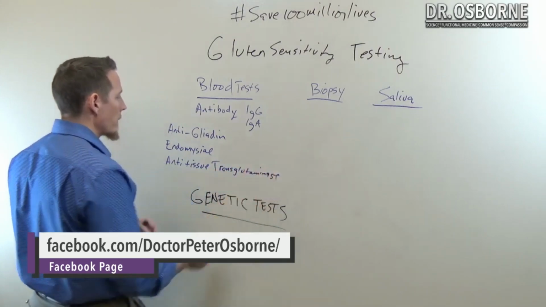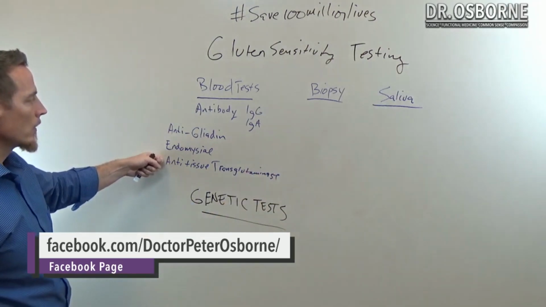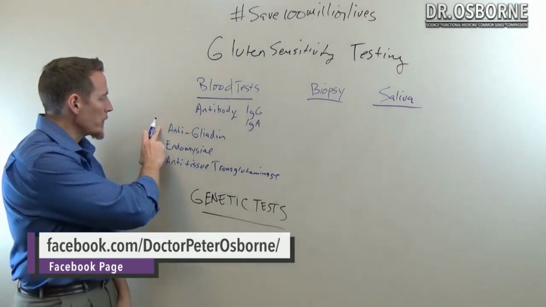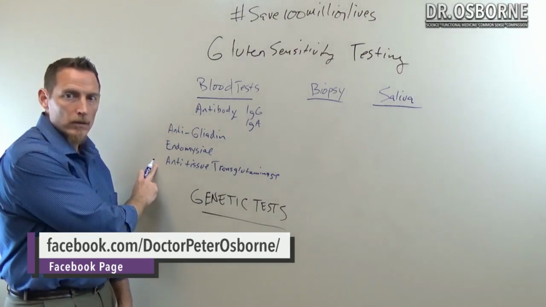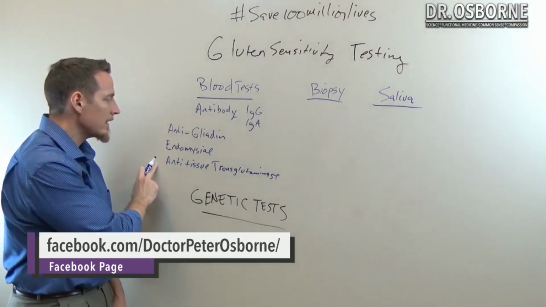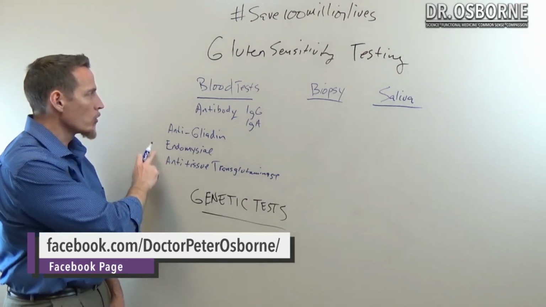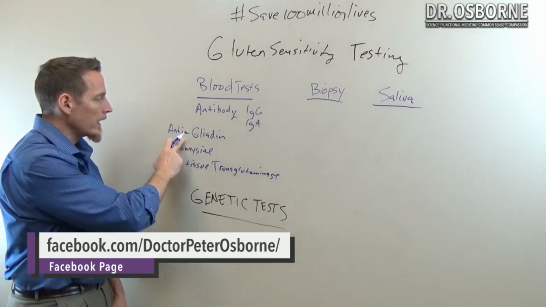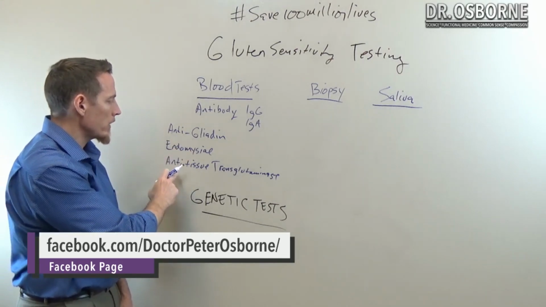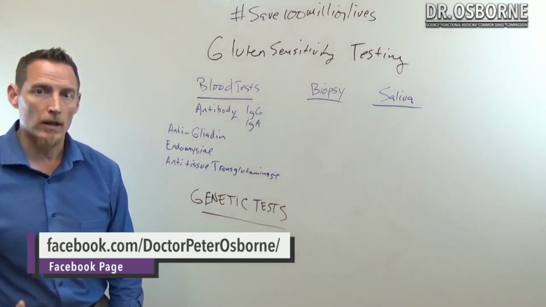These are the main options that most people who have come to see me over the last close to 20 years have had done. In essence, their doctor draws the blood and looks for anti-gliadin antibodies, anti-endomysial antibodies, and anti-tissue transglutaminase antibodies.